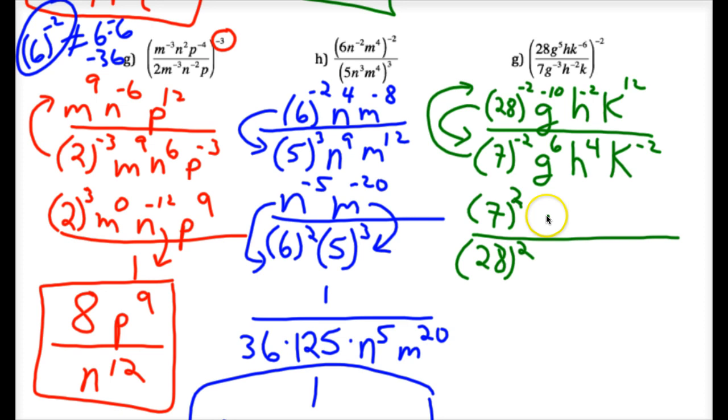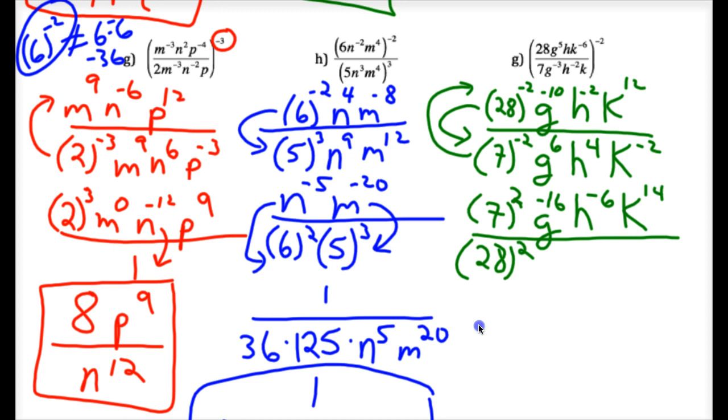And then g to the negative 4 minus 12, negative 16. That's the rule: when you divide with the same base, you subtract your exponents. h to the negative 6, and k to the 12 minus negative 2 would be positive 14.